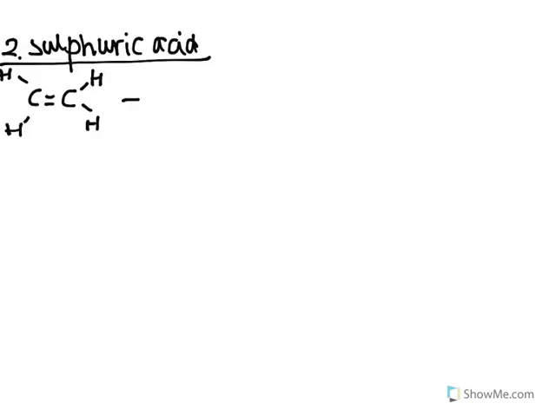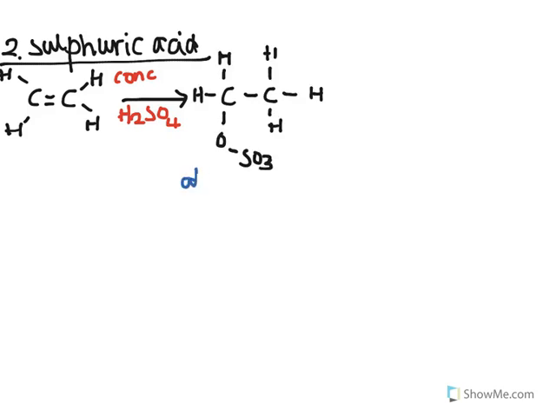So let's look at another reaction, and that is with concentrated sulfuric acid. We don't have to heat this up, we can just react this cold, and we will get an alkyl hydrogen sulfate, where we've added all but one of the hydrogens from the sulfuric acid onto the molecule, or the hydrogen has been added here.